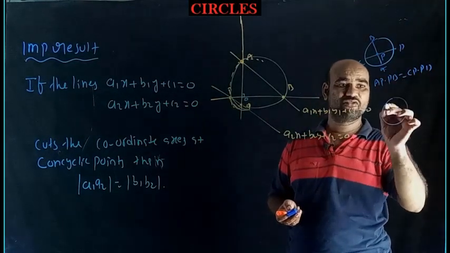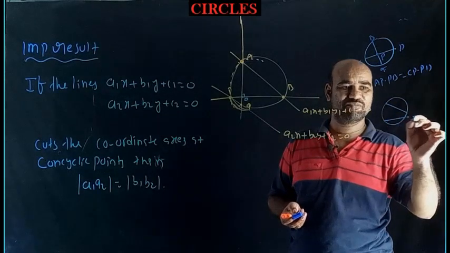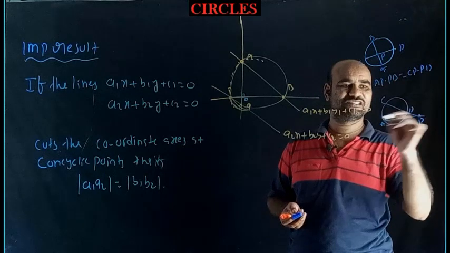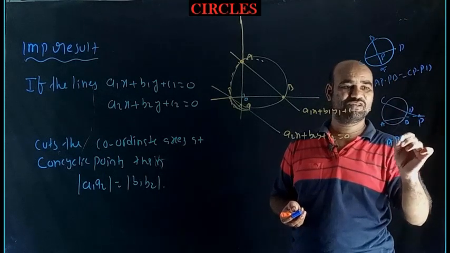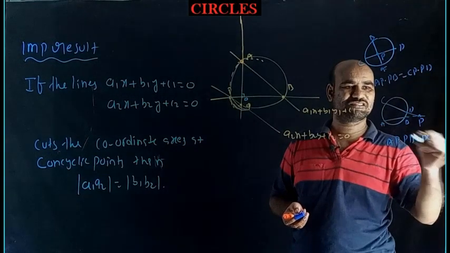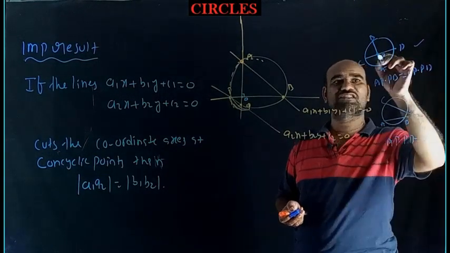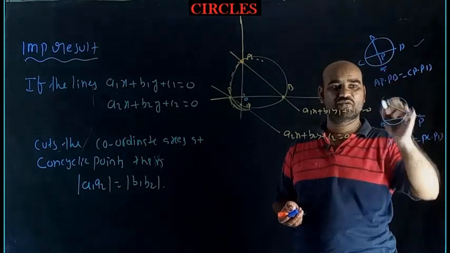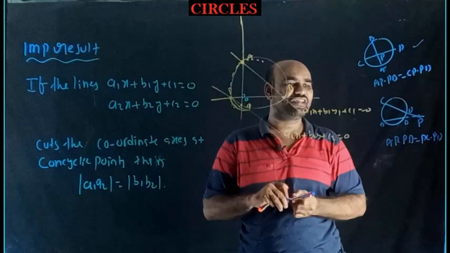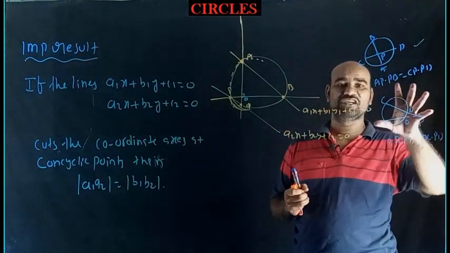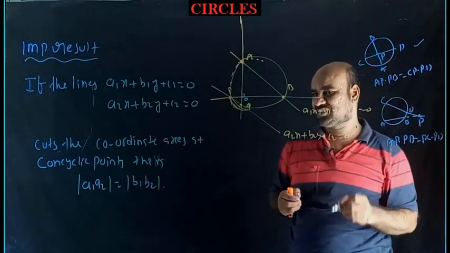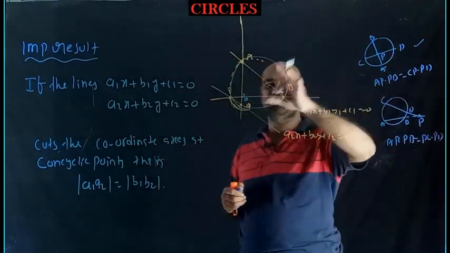In a circle, if two chords intersect externally, meaning after extending they will meet at P, so this is AB, this is CD, here also AP into PB equal to PC into PD. This is an already established fact. It can easily be proved by using the similar triangles concept. So this concept you can use here.